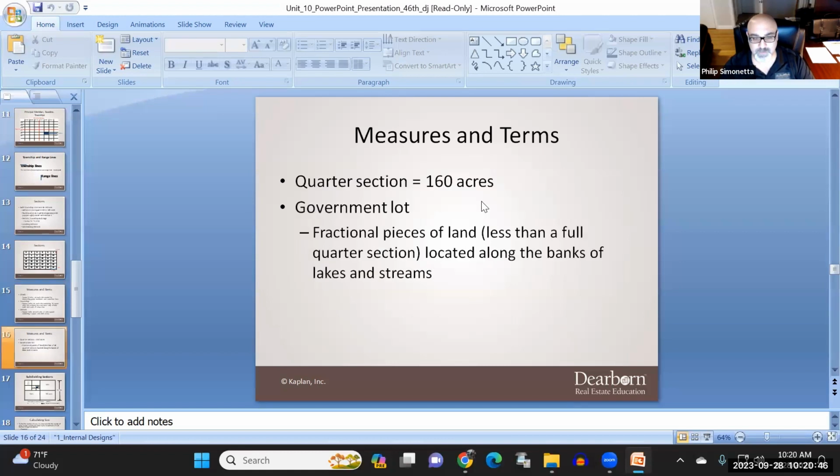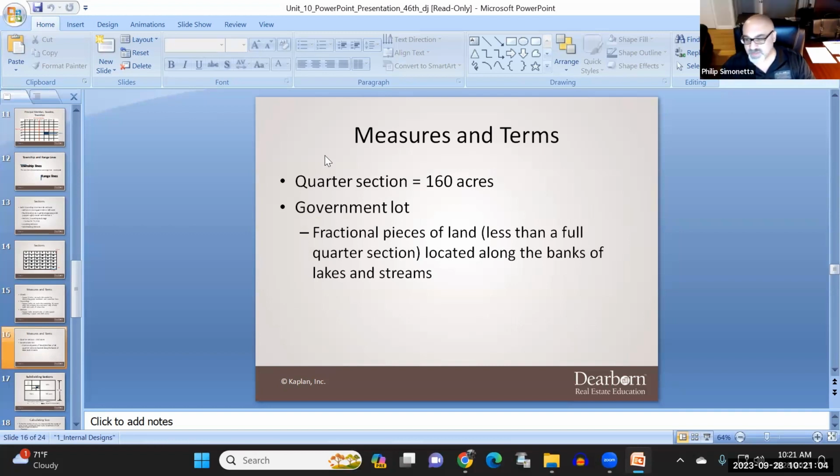Got it. So now a quarter section. You have a section that's 1 mile by 1 mile. That gets broken down into 4. Now, how many acres in a square mile? 640. Right.